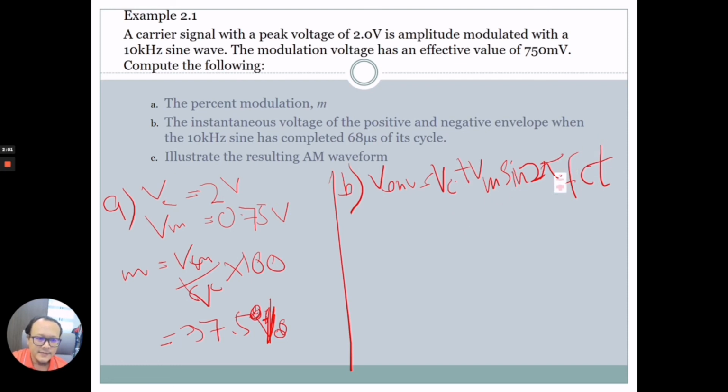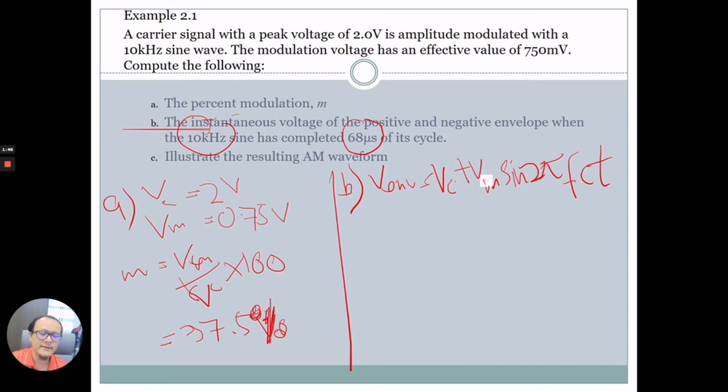Fc, they already gave, is 10 kilohertz, and t is 68 microseconds.